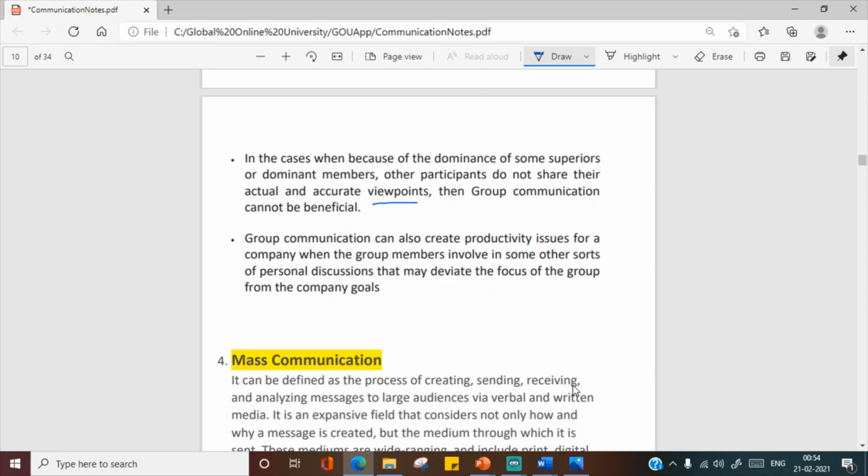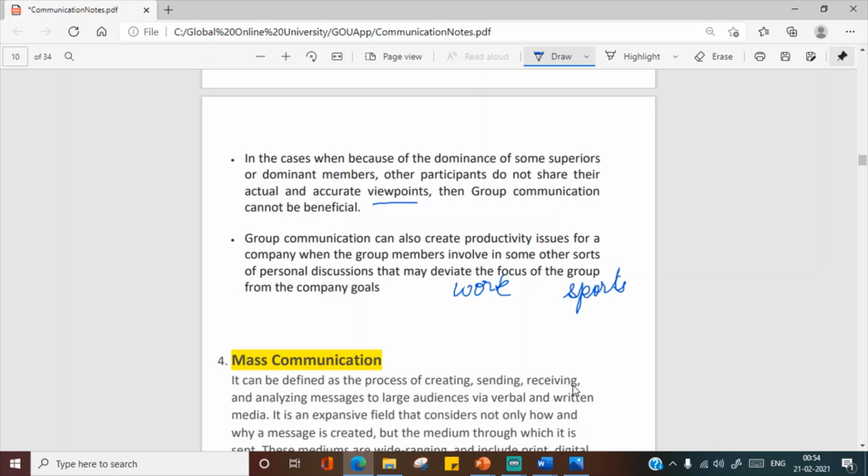Group communication can also create productivity issues for the company when group members get involved in personal discussions. Sometimes when you're working in a company, instead of focusing on what you are appointed for, what your work is, there is a group which starts to talk about sports.